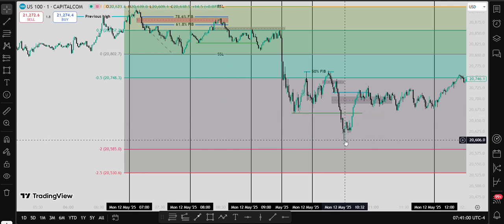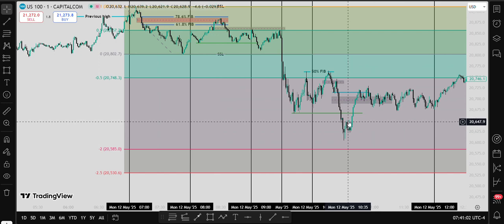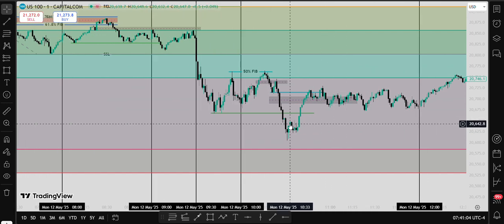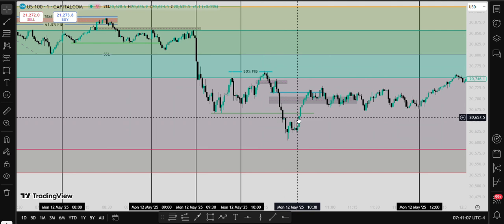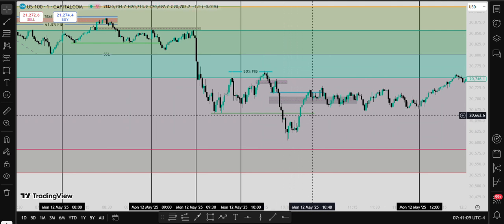Once it created this low and you saw that this high that was created right here has already been taken out, then your profits would have already been closed right there.